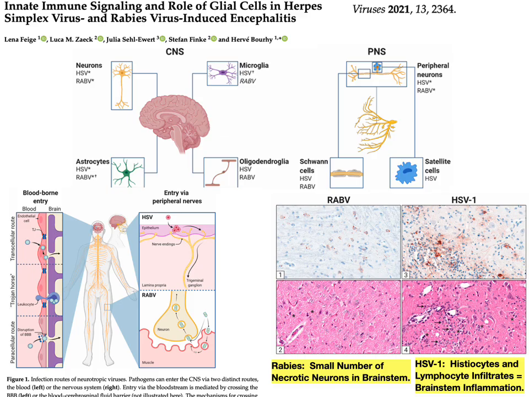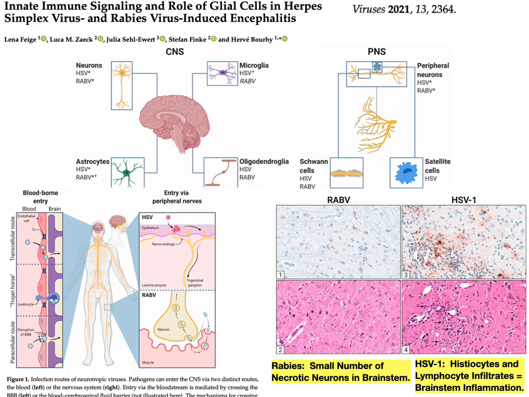In the central nervous system, herpes simplex virus and rabies virus can invade both neurons and glial cells, microglia, astrocytes, and oligodendrocytes. In the peripheral nervous system, HSV1 and rabies can infect peripheral neurons as well as Schwann cells, the glial cells that surround and myelinate axons of peripheral nerves.